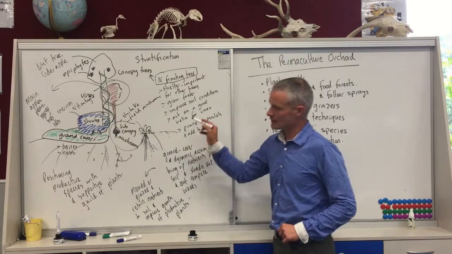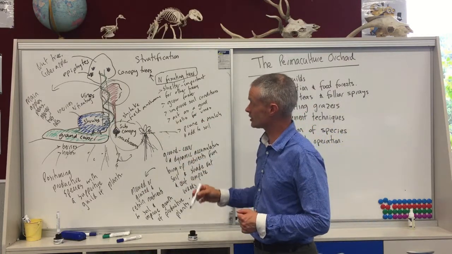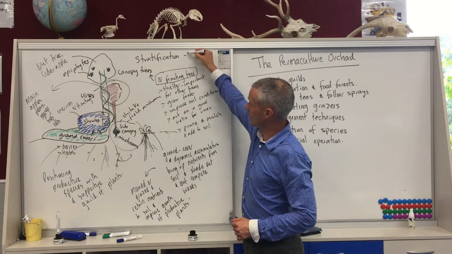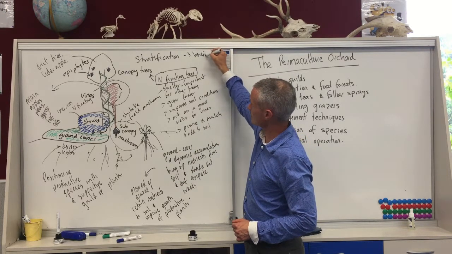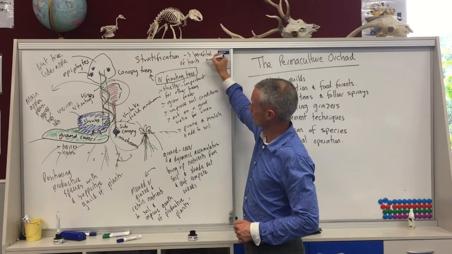And with each of these support species, or alternatively productive species, you're trying to look for three beneficial traits of each species that you incorporate.